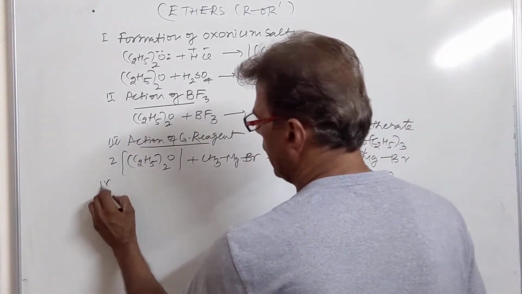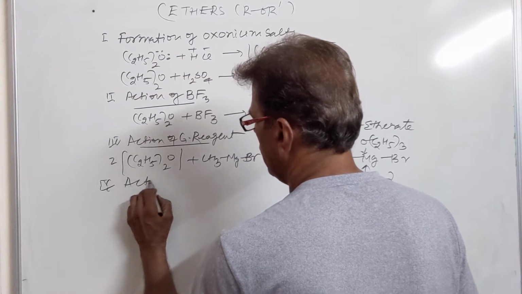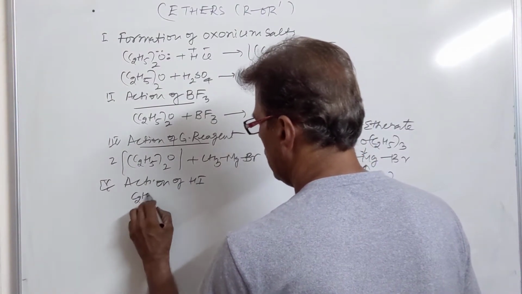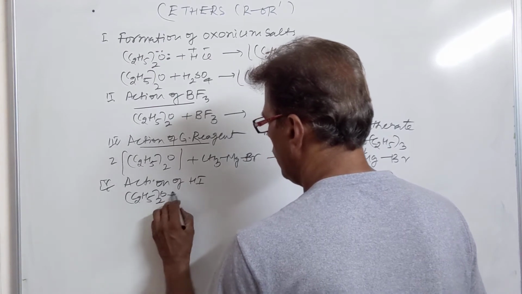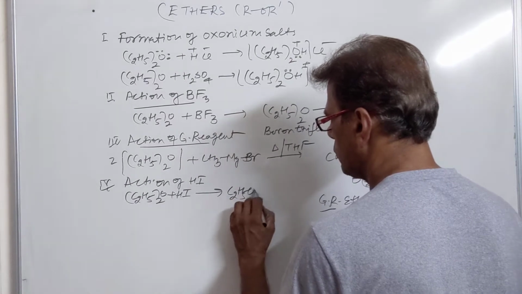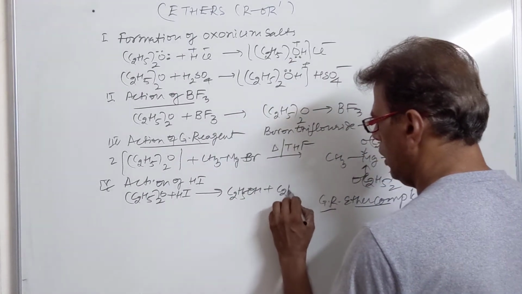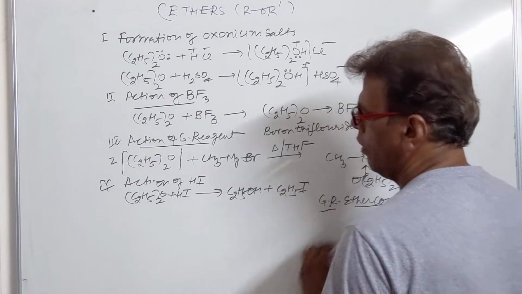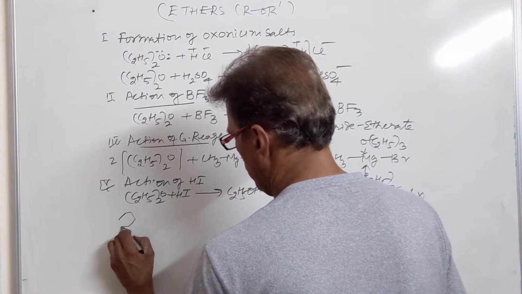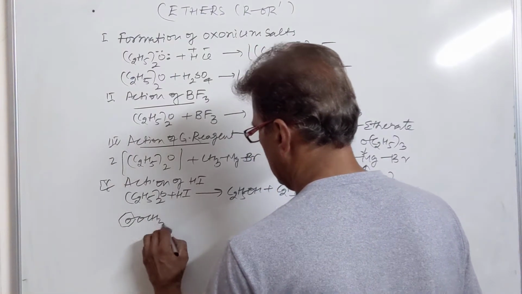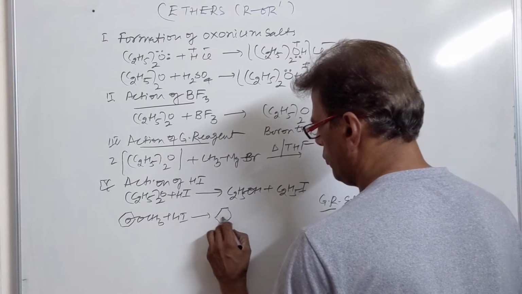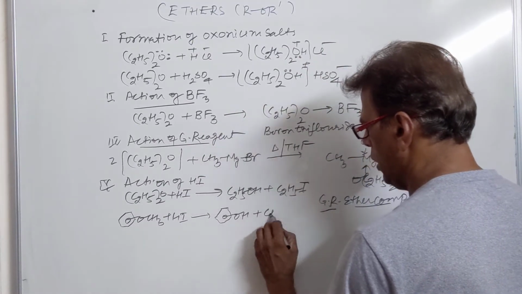Then we have the fourth reaction, action of HI. Ethers combined with HI give a molecule of alcohol plus ethyl iodide. And if we have an aromatic mixed ether treated with HI, in that case we are likely to get phenol plus methyl iodide.